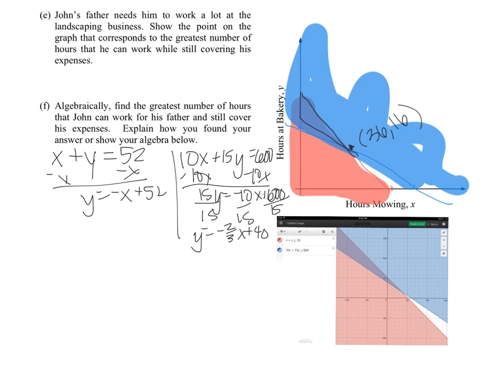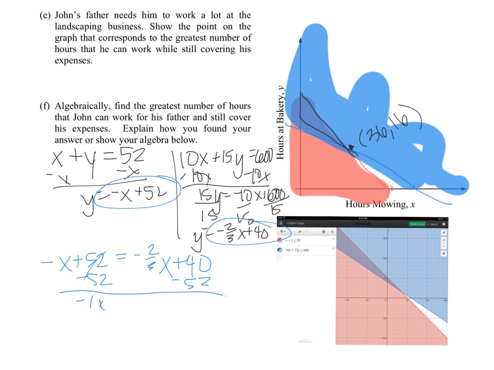So if I want to solve for y, or for x, that means I don't want y in the equation anymore. And I can actually just make them equal to each other. So negative x plus 52 equals negative 2/3 x plus 40. I'm going to subtract 52 from each side.